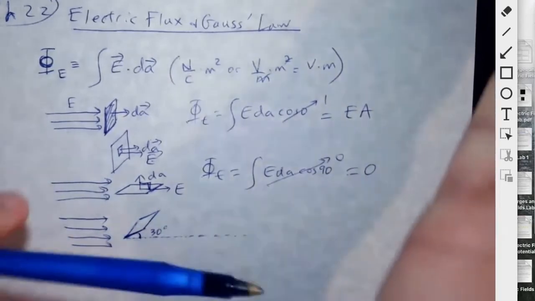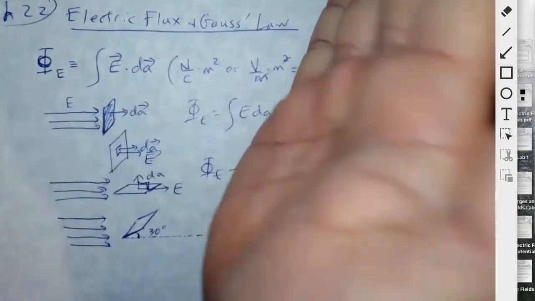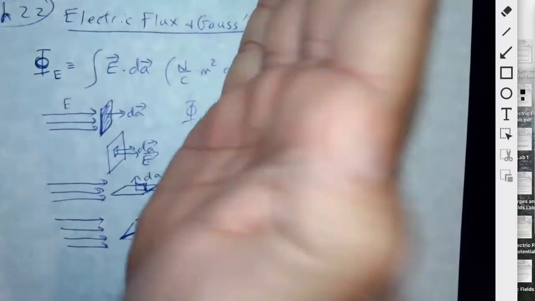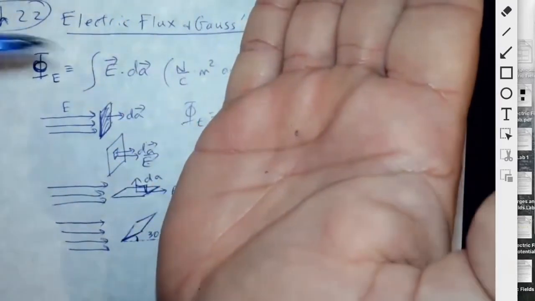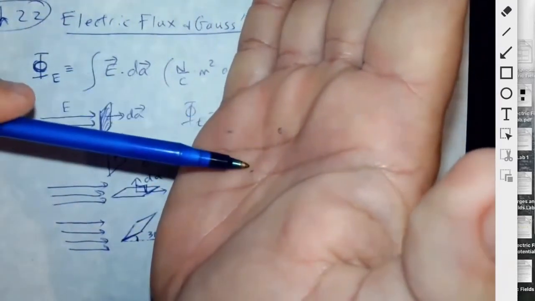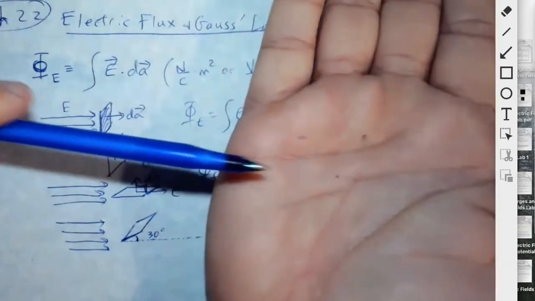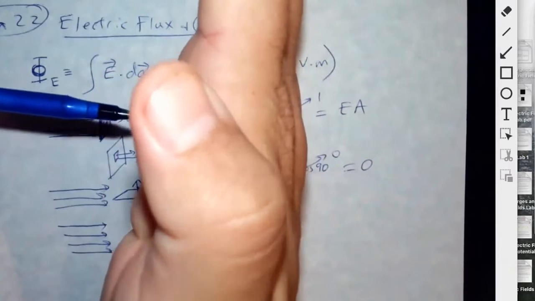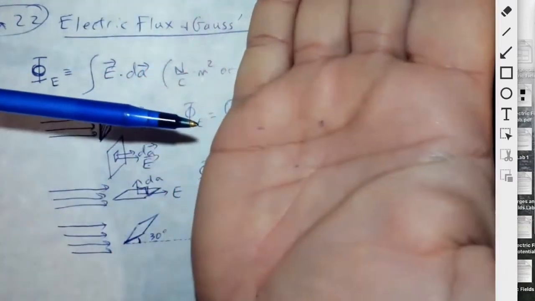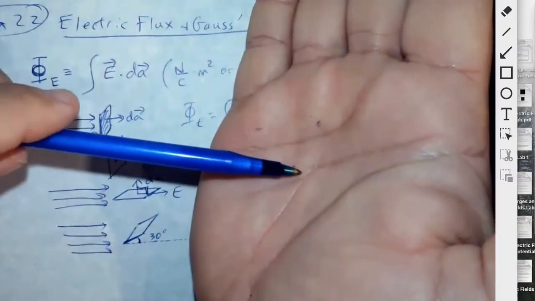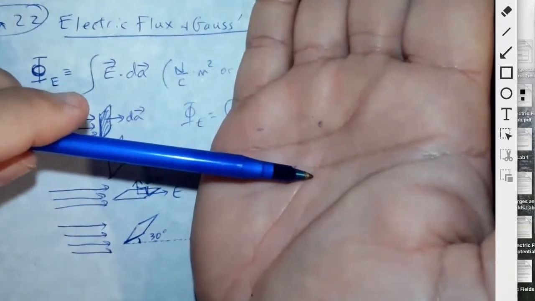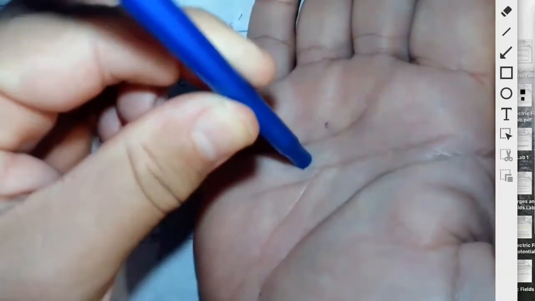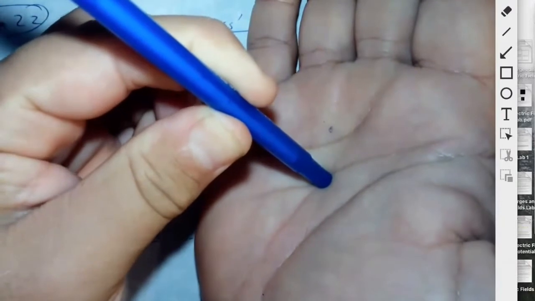Imagine I put my hand on the table and incline it 30 degrees from the table. So from here to here is 30. And now the electric field is coming this way. So flat would be like this, perpendicular to the E field, and then 30 degrees. So then what's going to happen? E dotted into the dA vector, which comes out of my hand like this.